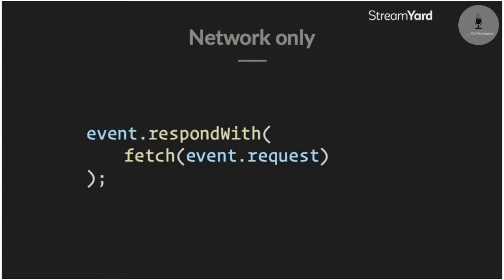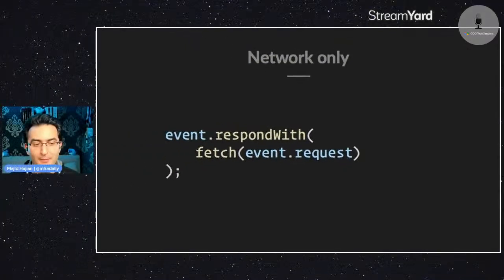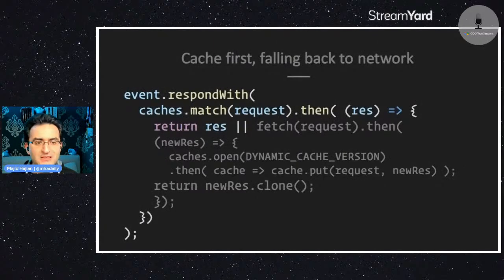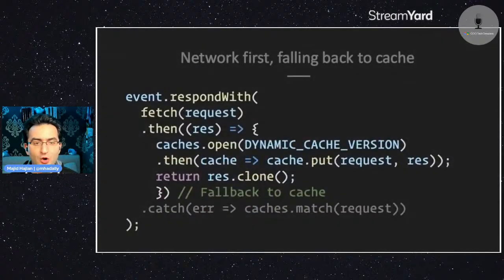Let's take an example: you have a stock market app, and some requests should always return fresh data, but some can be cached. You can actually mix and match different caching strategies. Like you can cache first and fall back to network, or the other way around. Maybe you can have network first, and then fall back to cache.